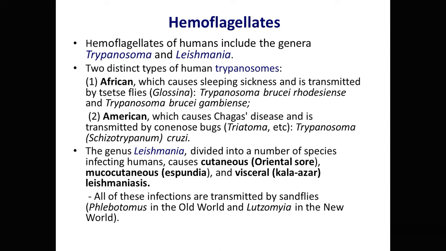Trypanosomas are distributed in Africa and America, and African trypanosomiasis or sleeping sickness is transmitted by the tsetse fly Glossina, and is caused by Trypanosoma brucei rhodesiense or Trypanosoma brucei gambiense, depending on the distribution area.